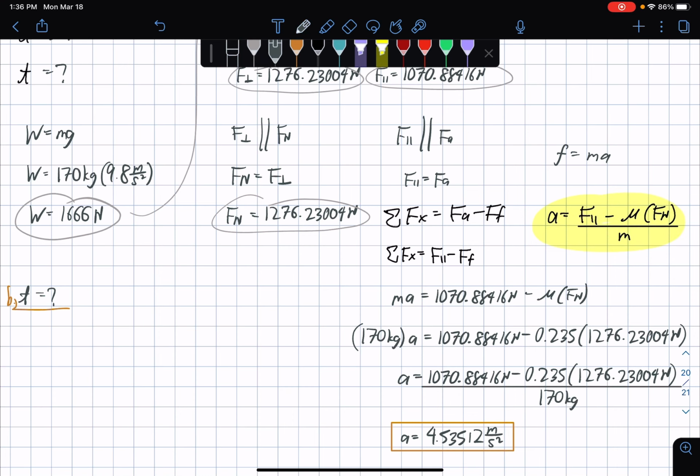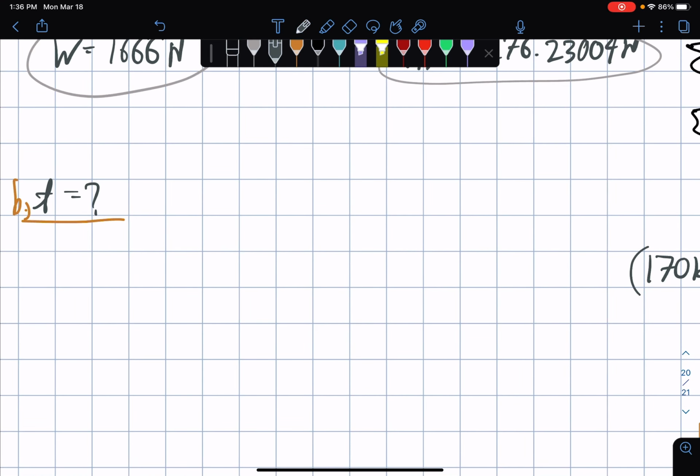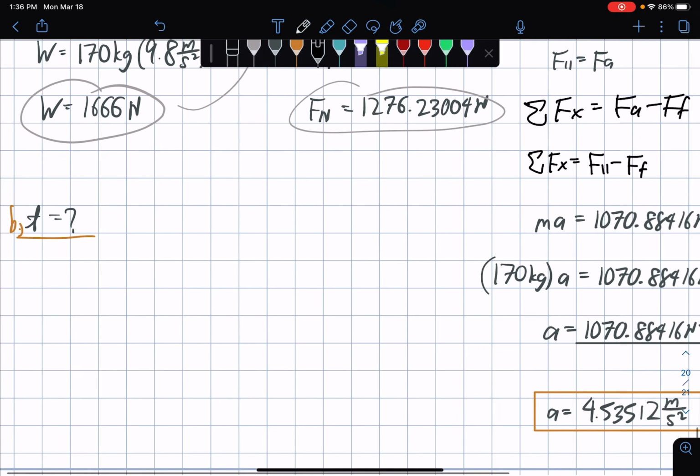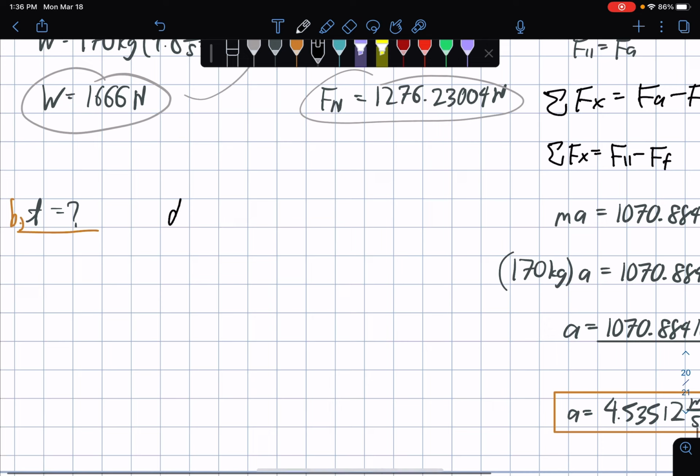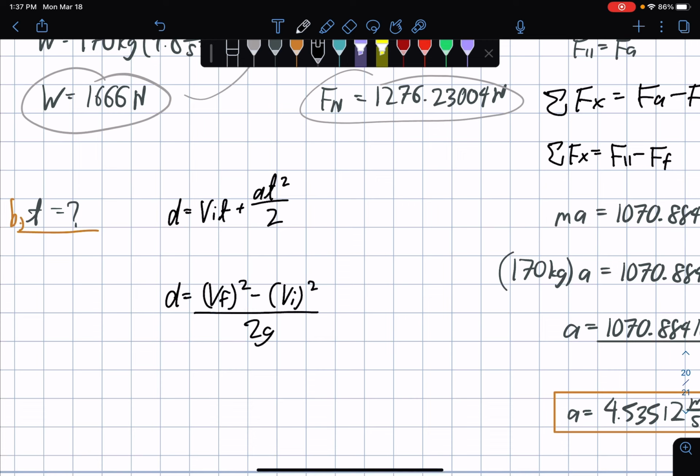Now that the time is missing, we can use one of the kinematic formulas. I'll be writing all of them right now. So D is equal to ViT plus AT raised to 2 over 2. Another is D is equal to Vf raised to 2 minus Vi raised to 2 over 2G, if I'm not mistaken.